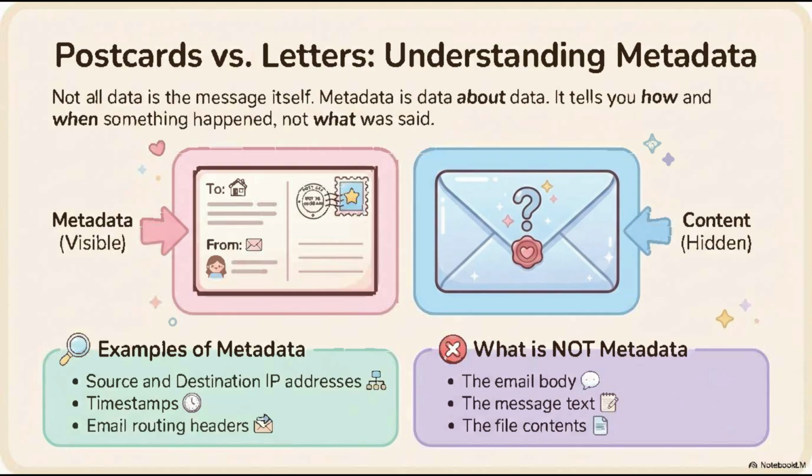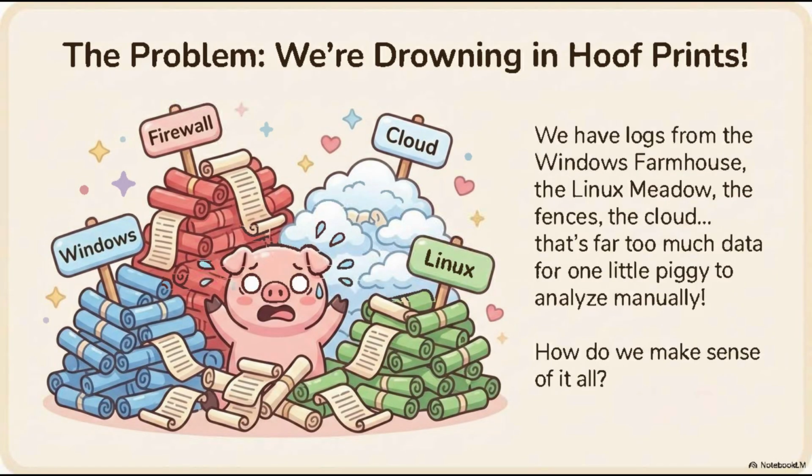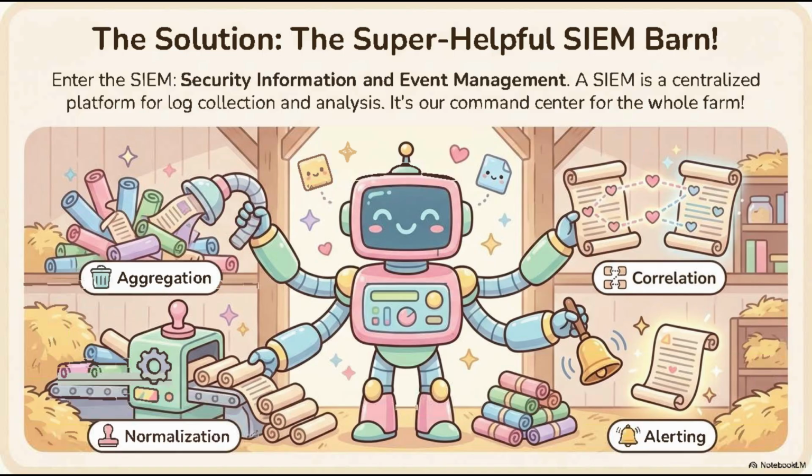Now, students, here is the operational problem. We have logs from Windows systems, Linux servers, firewalls, routers, and network devices. That is far too much data for humans to analyze manually. Enter the SIEM, Security Information and Event Management. A SIEM is a centralized platform for log collection and analysis.